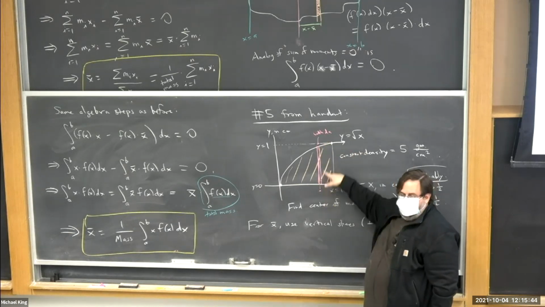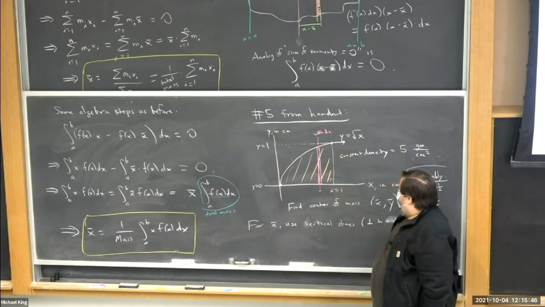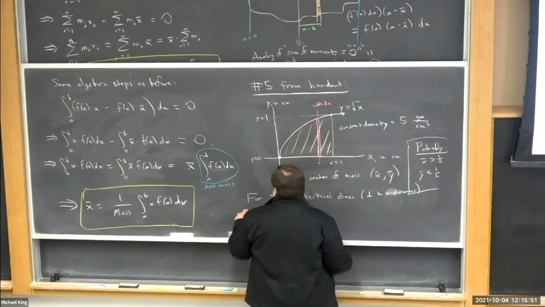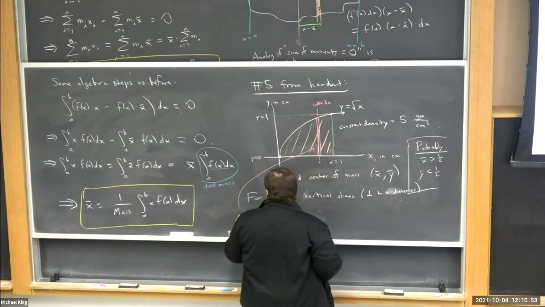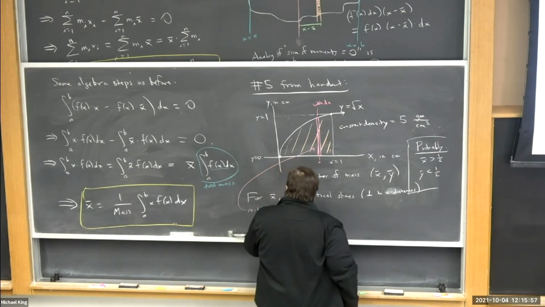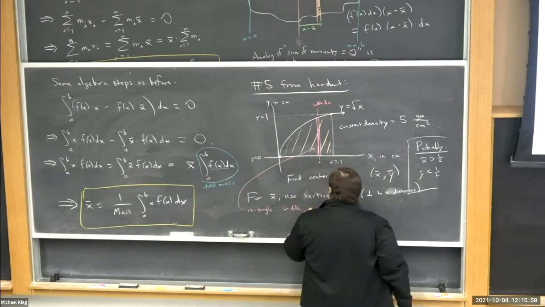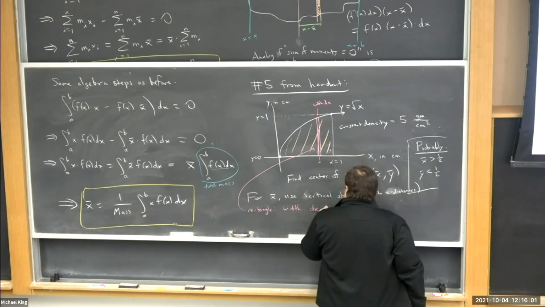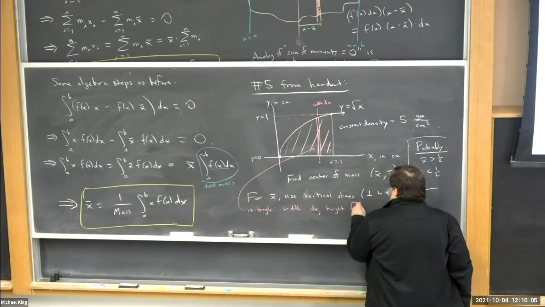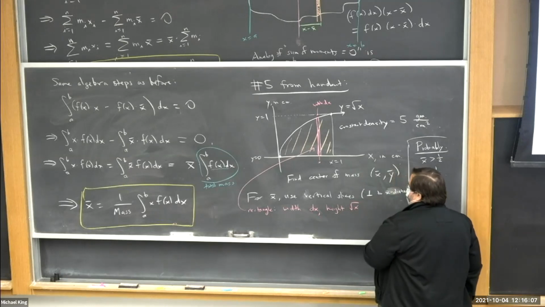Root x minus 0. So this rectangle has width dx, height root x, and so the area is root x dx.